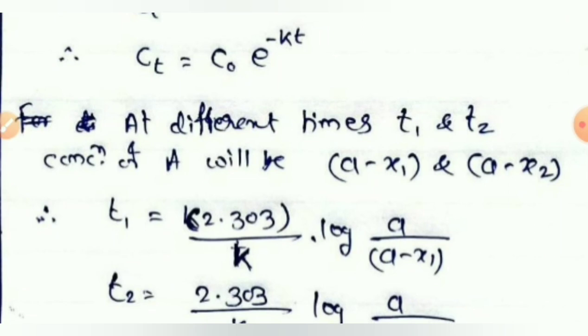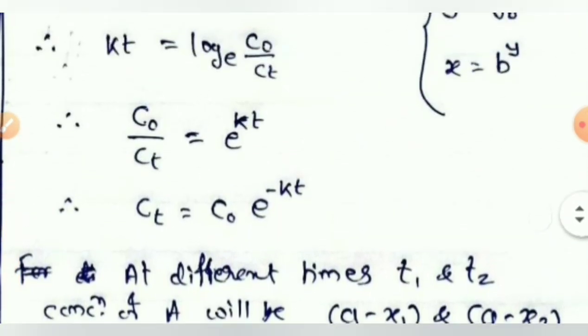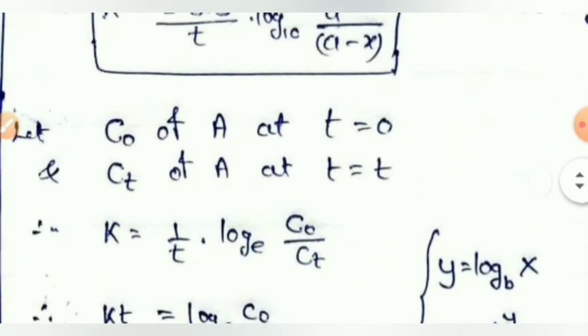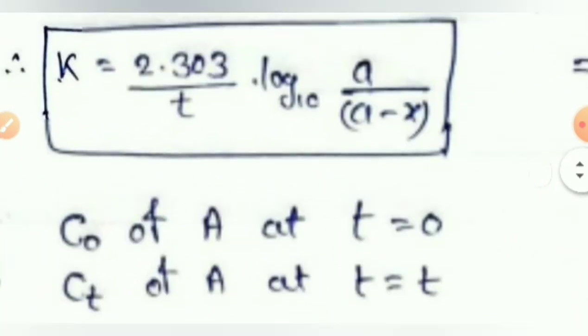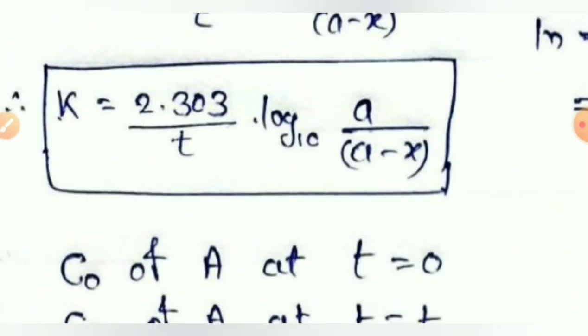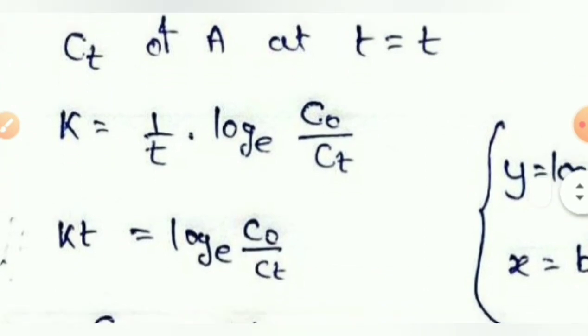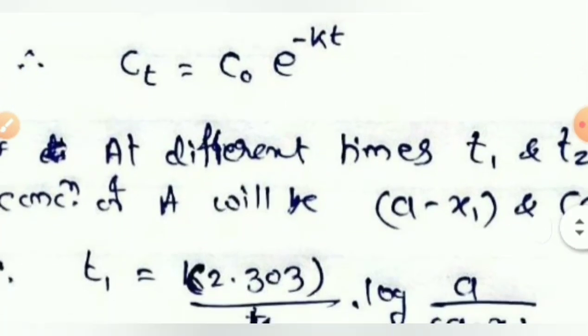From the integrated rate equation of first order, we can take the value of t by just interchanging k and t with each other. So we will get t equal to 2.303 upon k into log to the base 10 a upon a minus x.